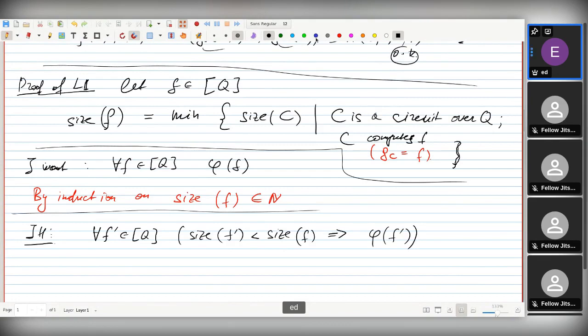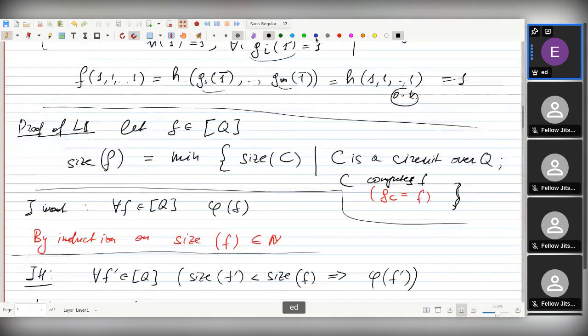So every function of less size is nice. It satisfies phi. Is it clear? Yeah. Okay. Let us denote the size of f by s.